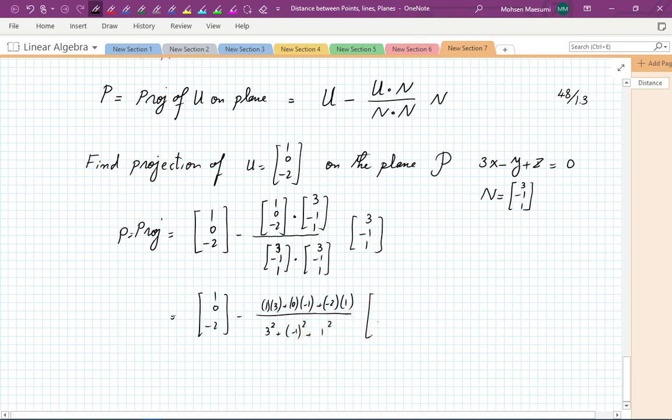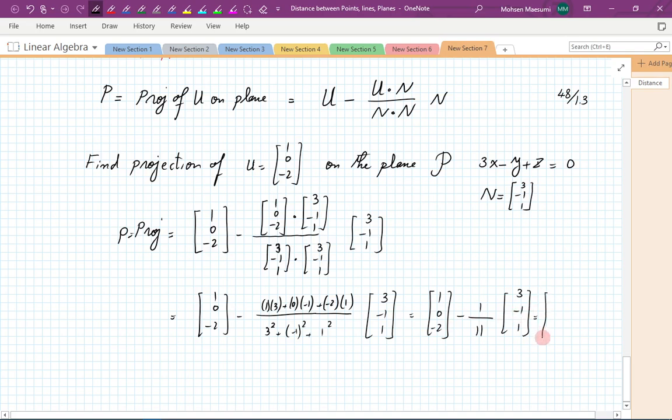And then you have that vector again, (3, -1, 1). So we write (1, 0, -2). Numerator is obviously 3 - 2, which is just 1. Denominator 9 + 1 + 1, that's 11. And then you have, of course, (3, -1, 1).